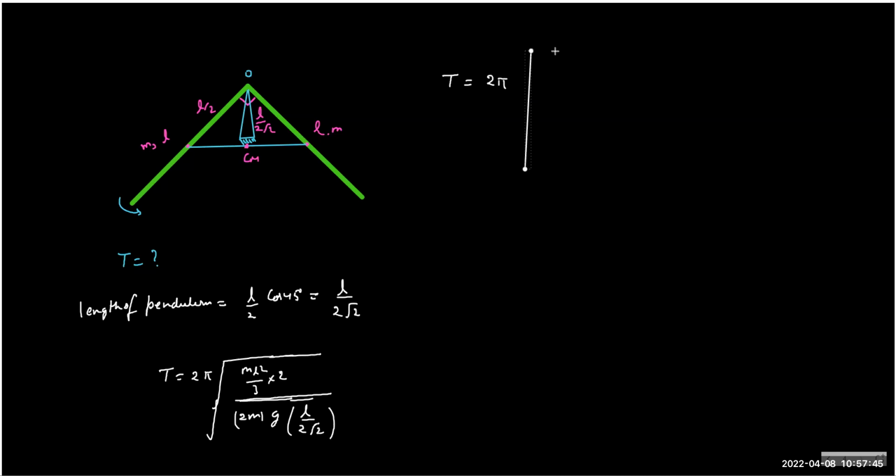You're not realizing what I'm explaining again and again. Don't be a blind problem solver. Realize the terms we are trying to write here. 2m will cancel out. So L square by 3, g L by 2 root 2.